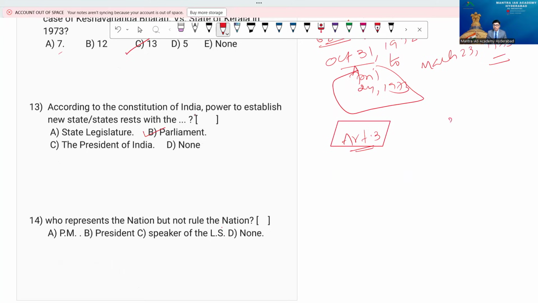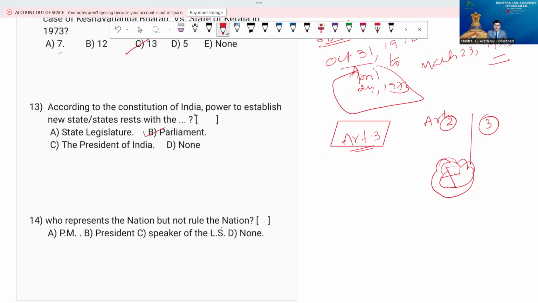There is a lot of difference between Article 2 and 3. Article 2 is about adding, if anything outside is there, we can add it, even any part of any outsider's land. But Article 3 is about our country: this is a part, and you can break it into different states, and you can merge the states.